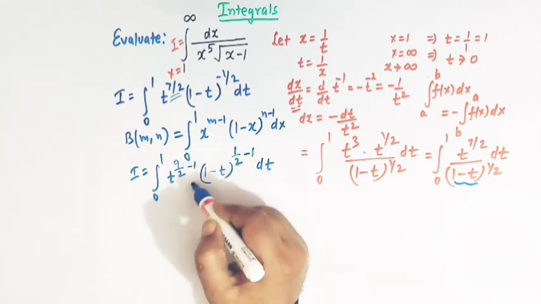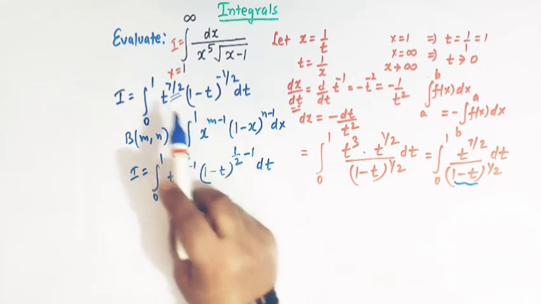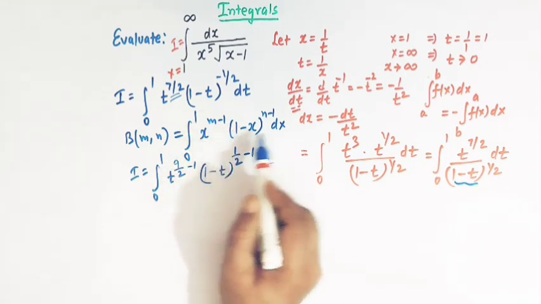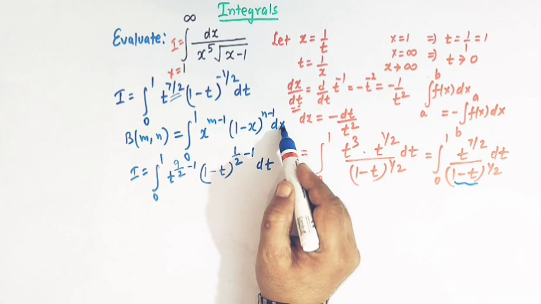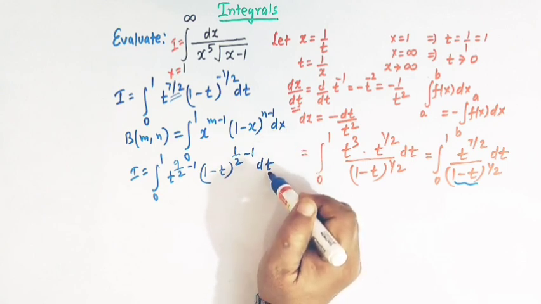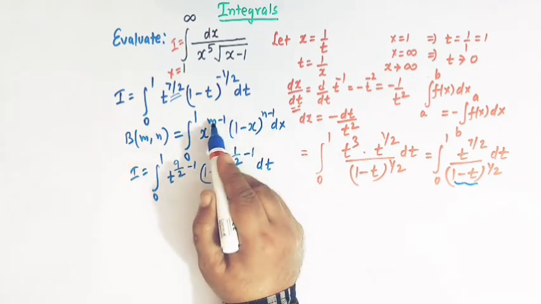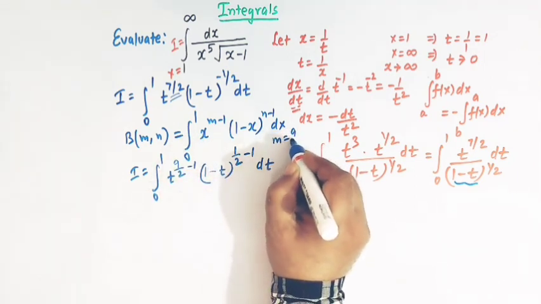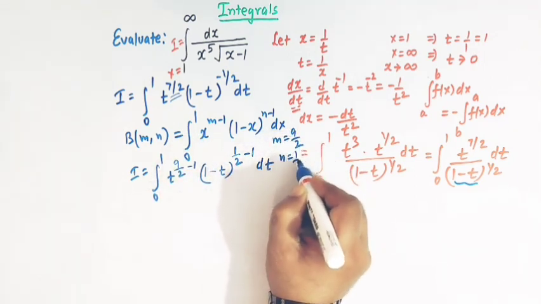So now we can see that this integral is similar to this one, except the variable. Here we have the variable x, here we have the variable t, right? Okay, so now we have m is equal to 9 by 2 and n is equal to half, right?